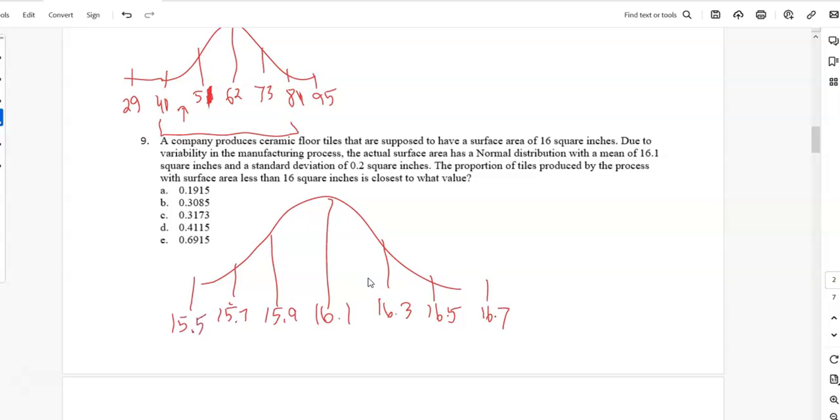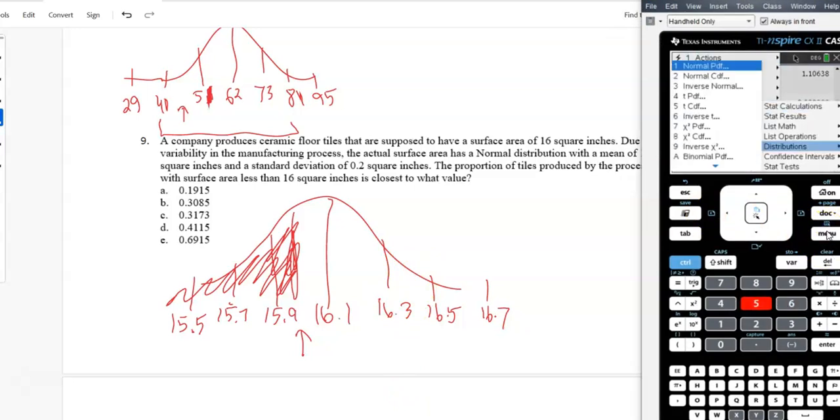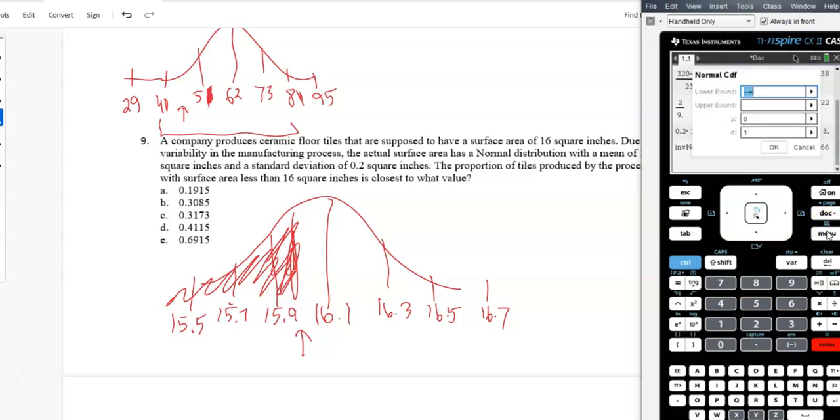Okay, what proportion of tiles are less than 16? So 16 is right in here, and we want all of this shaded to the left, so 16 or less. In this case, we're going to use our calculator again, but not inverse norm. We're going to use the norm CDF. So menu 6, 5, 2 is norm CDF.